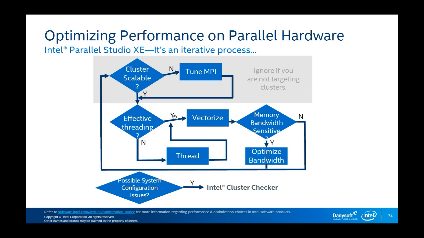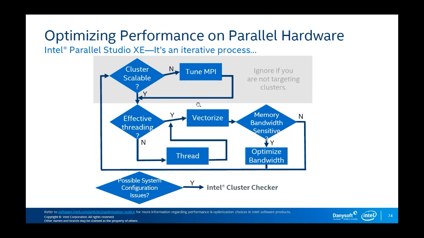If I can say yes, I try to vectorize. If not, I have to optimize and try to create a threaded version by means of OpenMP or another type of paradigm. So if I have a parallel threaded application exploiting the different cores of our processor, we have to focus on vectorization.